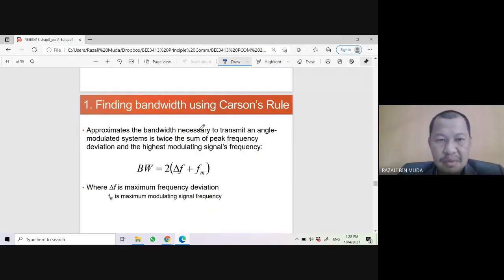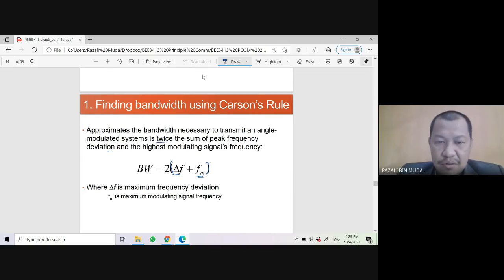Okay, this is example. First, finding bandwidth using Carson rule. Approximation, the bandwidth necessary to transmit an angle modulated system is twice the sum of peak frequency deviation and the highest modulating signal's frequency. So this is the modulating signal frequency plus the frequency deviation, this sum multiplied by 2, double.